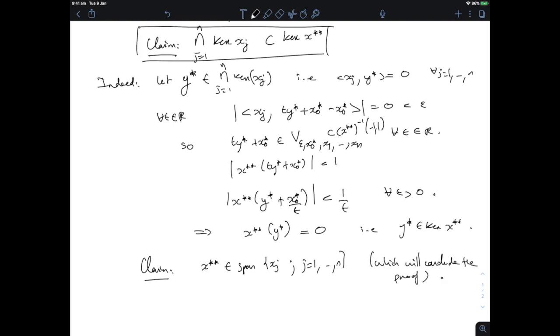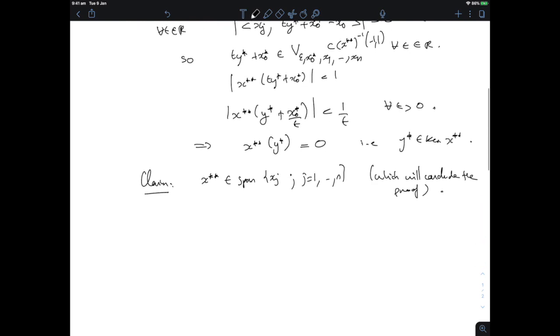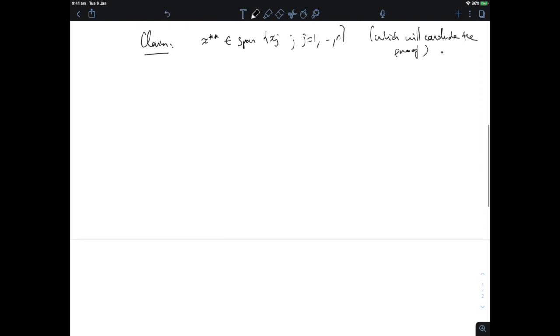Right, so how do we do this? Well, we're going to define a map, let's call it capital F, from x star into R^(n+1). And this map sends an element of x star to the vector where you first test this element on your x double star, and then you test it on the xj's.